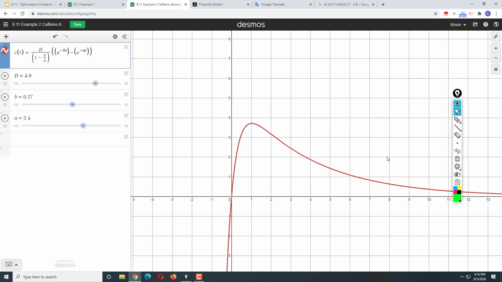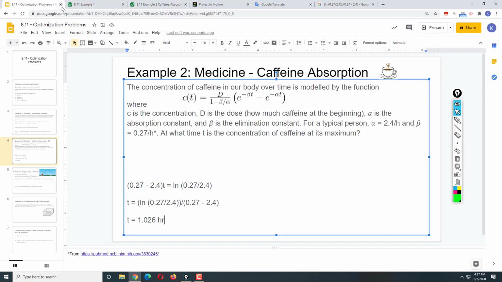So if you want to go to sleep at midnight, it takes about 8 hours, 9 hours for most of the caffeine to go away. So if you drink coffee at like 4 p.m., 8 hours after 4 p.m. is about midnight. So that's why you probably don't want to drink too much coffee too late in the day. And caffeine is at its maximum at about 1 hour, according to this data. So that's example 2.